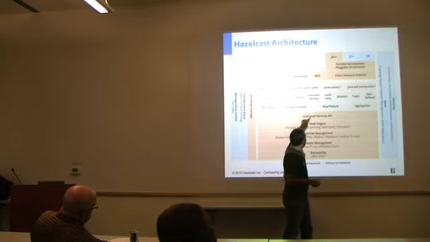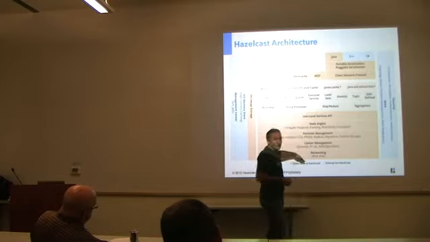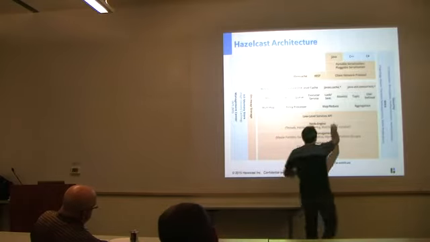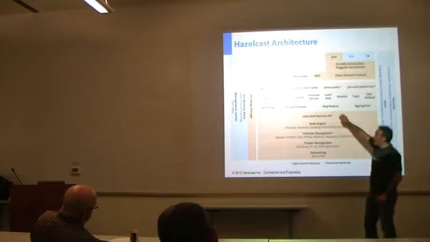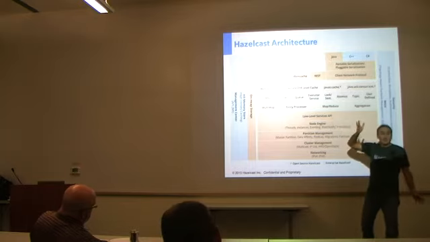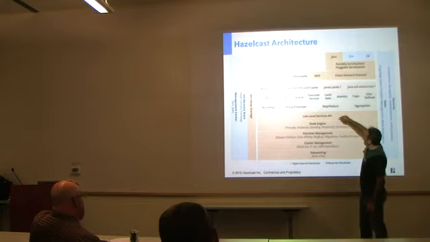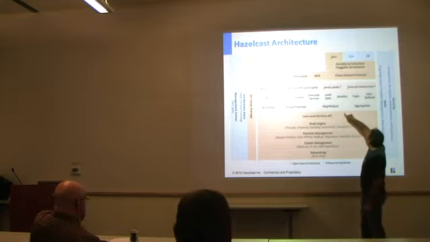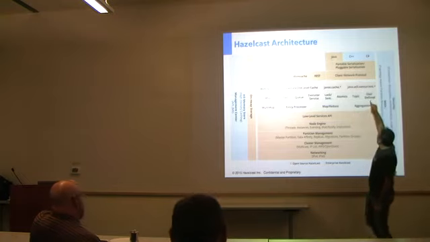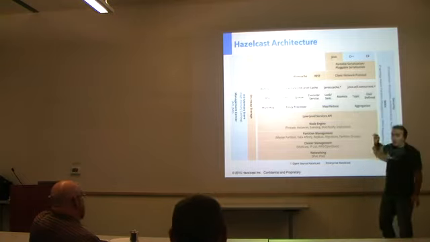And we have a low-level services API for these. So that means this is the API that you have to use if you want to build your own data structure. All these data structures are built using this low-level services API. That's why you can have your user-defined ones.